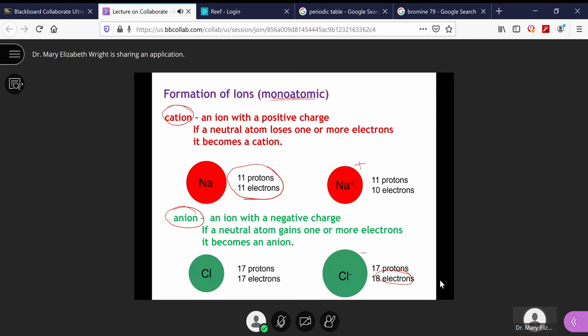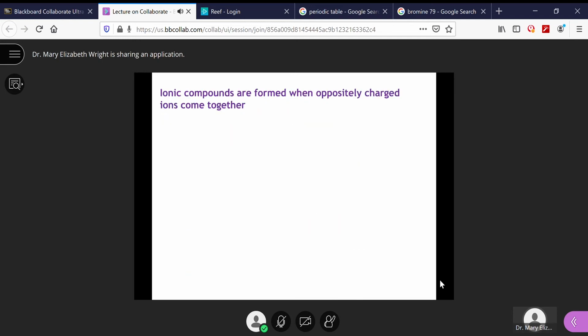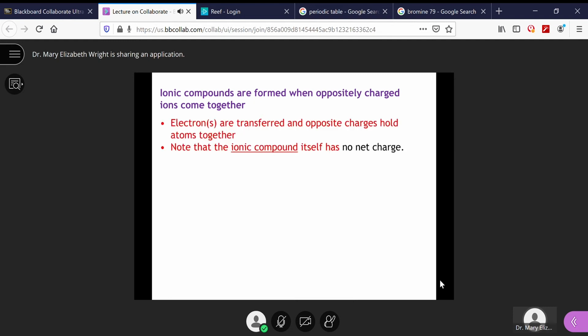Notice that in giving up an electron and forming the sodium ion, it can donate its electron to chlorine. And we get an ionic bond between sodium and chlorine. So by definition, ionic compounds form when oppositely charged ions come together.